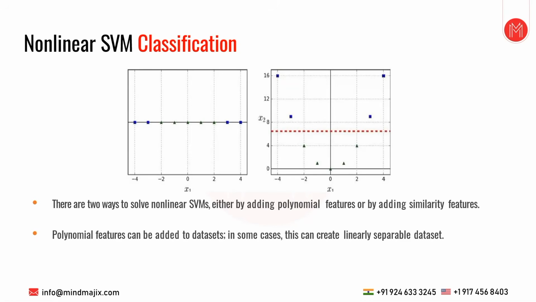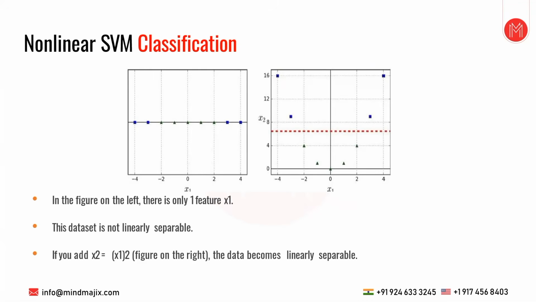In this figure on the left, there is just one feature, x1, but on the right, when we convert into two or three dimensions, we get this. If you add x2 equals x1 squared, the data becomes linearly separable. That is the difference we can generate in this non-linear support vector machine classification.